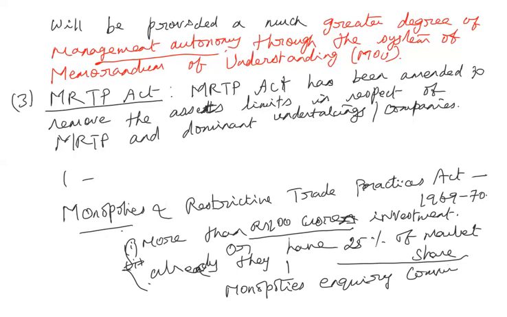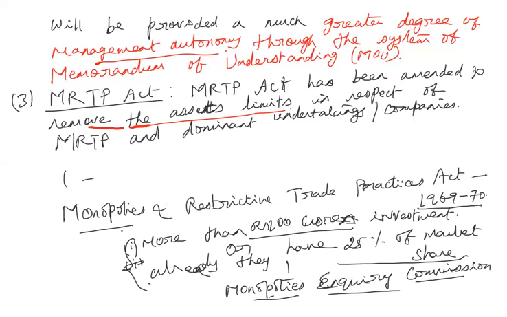This commission will review whether to give permission for these companies to expand or not, because they are already monopoly companies, very big companies. So why should they expand further? The Monopolies Inquiry Commission will check whether to give the permission or not. This is what is being done through this act, in 1969-70. So that is the limit. So here what is given is: MRTP Act has been amended to remove the asset limits.